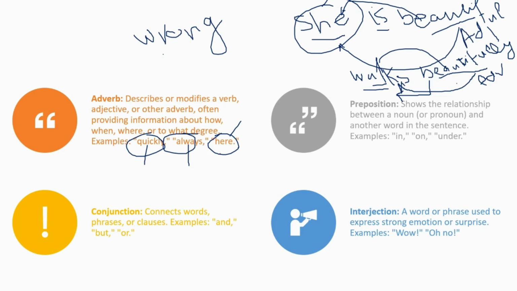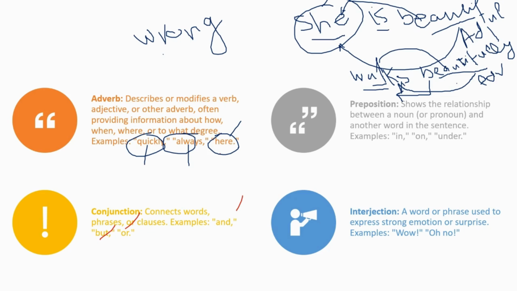Conjunctions. A conjunction is a word that connects a phrase, clause, or two sentences. For example, and, but, when, because, therefore. So these are conjunctions. They link sentences. We come to university, we study. We come to university and study.